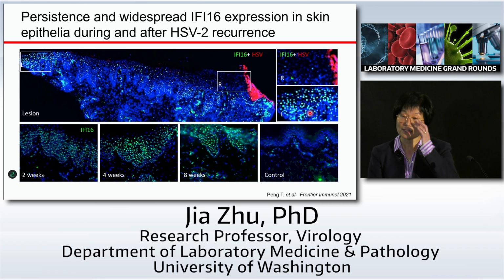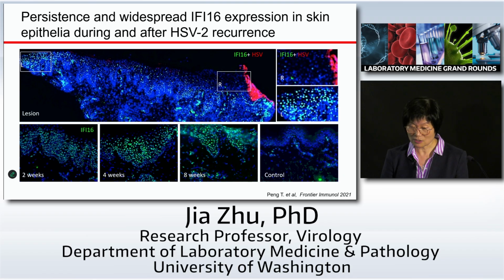IFI16 is an interferon gamma inducible protein, and it is known for sensing viral infection and restricting HSV gene expression. We see that IFI16 protein was widely expressed in the histologically normal appearing epidermis distal to the ulcer-bearing regions, even weeks after lesion resolution.